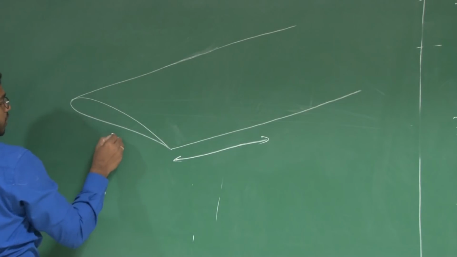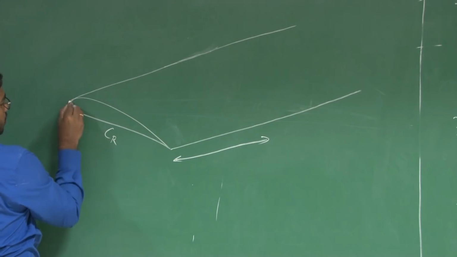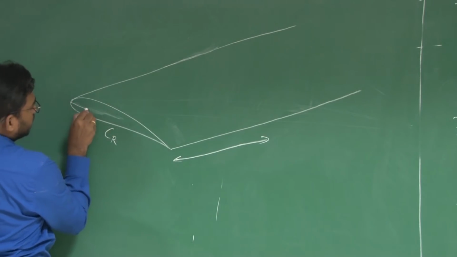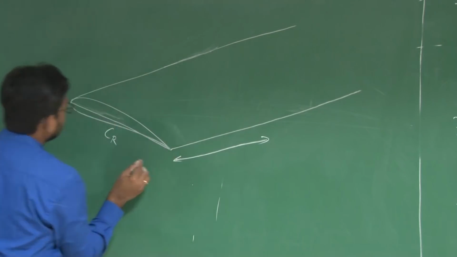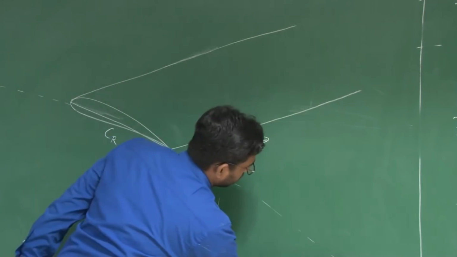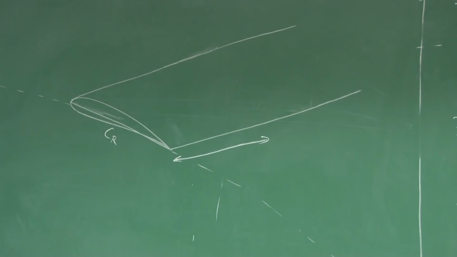Now let us say this is my C_R or root chord, the line connecting the leading edge and the trailing edge of the root. Say this is my center line or fuselage reference line.